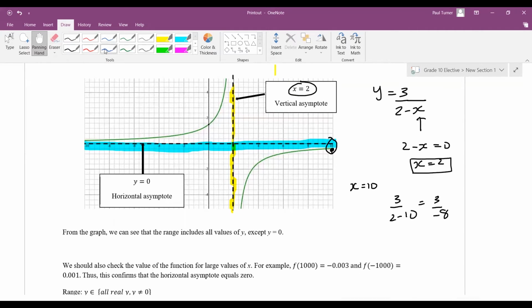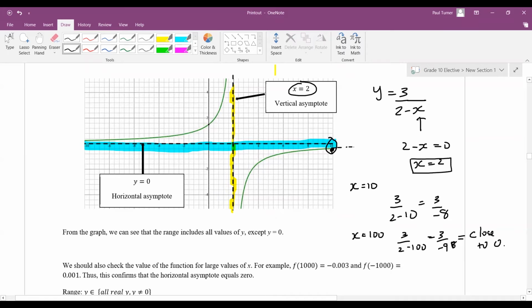Let's try another value for x. I'm trying to find some points on the graph. That's all I'm doing. So if x is 100, I'll have 3 on 2 minus 100, which is 3 on, what's that, minus 98. Really small. So close to 0, but negative.